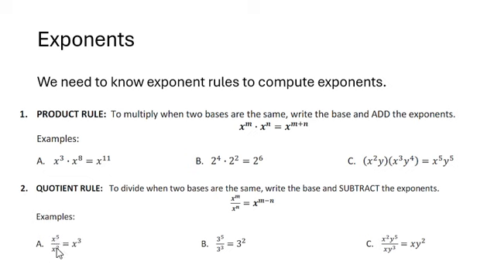Same base, division, you're going to subtract, so 5 minus 2 will give you 3. 3 to the power 5 divided by 3 to the power 3: you subtract 3 from 5 and get 3 to the power 2. The same thing with x and y: 2 minus 1 is 1, and 5 minus 3 gives you 2.